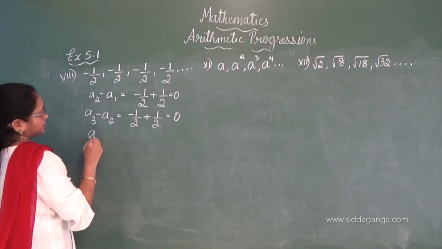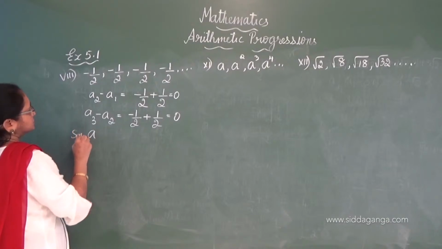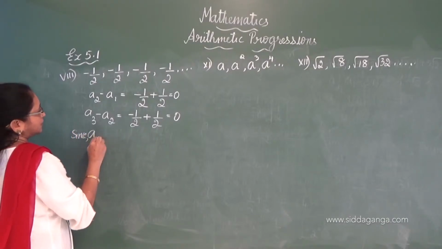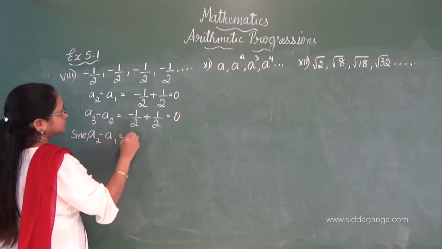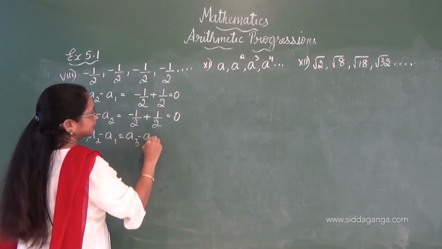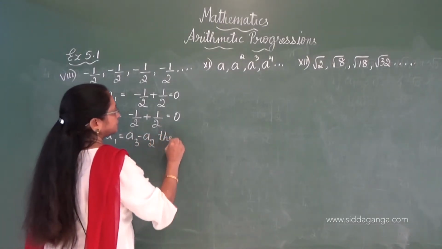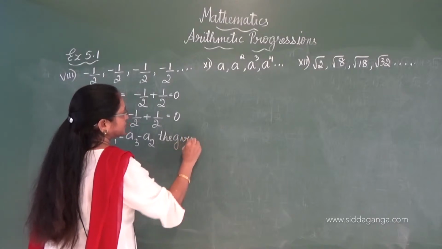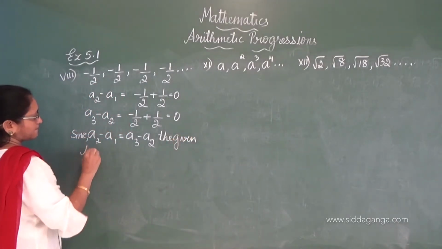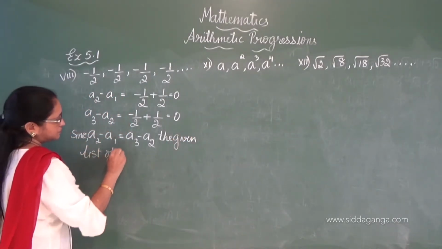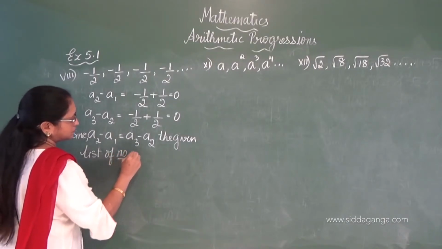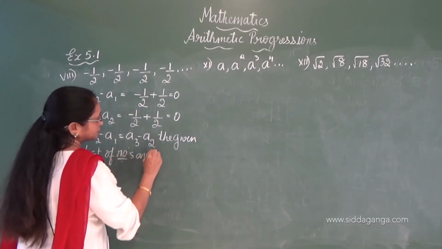Since a2 minus a1 is equal to a3 minus a2, the given list of numbers are in AP.